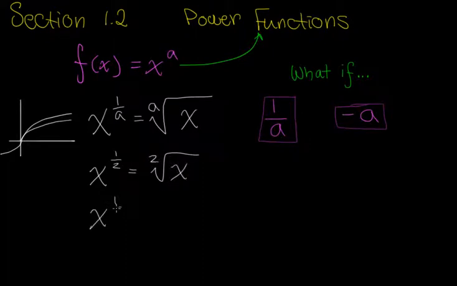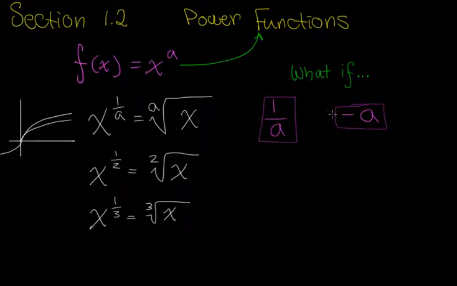X to the 1/3 is the same as the cube root of x, and so on. When we have x to the 1/2, our graph is going to look like the square root of x. When we have x to the 1/3, we're going to have a graph that looks like the cube root of x. Actually, it should be up here, but I drew it so you could distinguish.